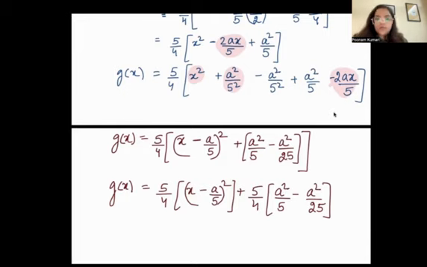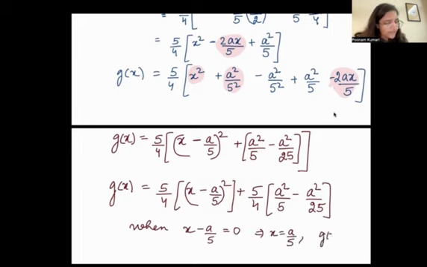So when this x minus a by 5 takes value 0, which is when x is equal to a by 5, g(x) will be minimum. Right?